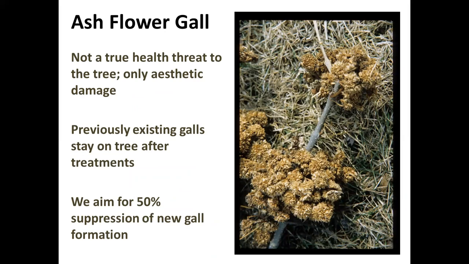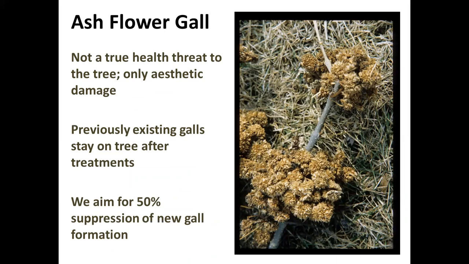So ash flower gall, you see these on ash all the time, and it's not really a health threat to the tree. It's just aesthetic. It makes it look strange. And the previously existing galls stay on the tree after the treatments. Typically we don't even do these anymore. I'd be surprised if you even get work orders for it, but I kept this on there because this is an example of something where people see this and it bugs them.